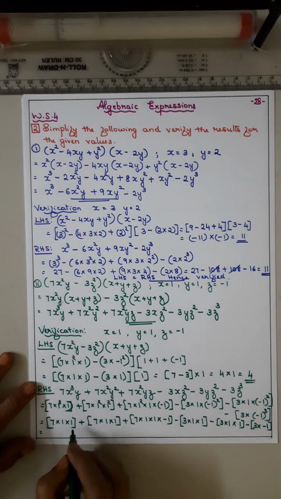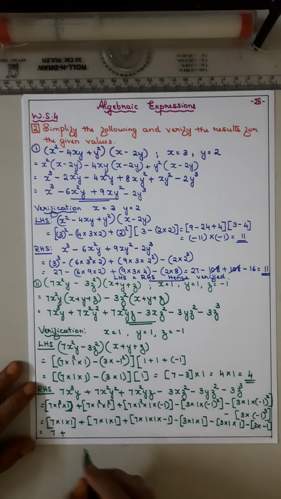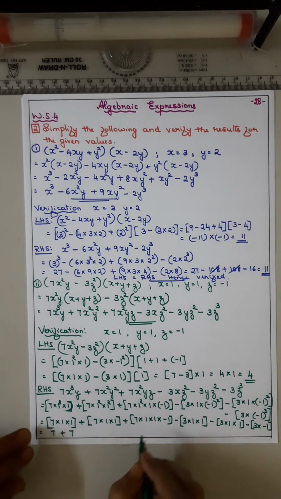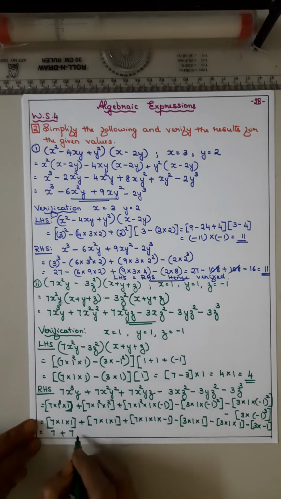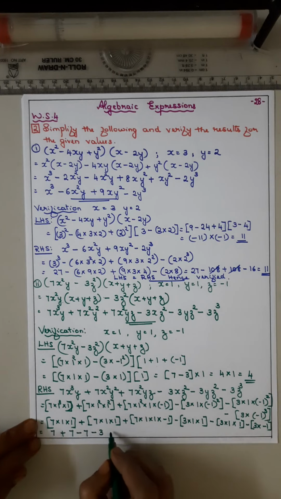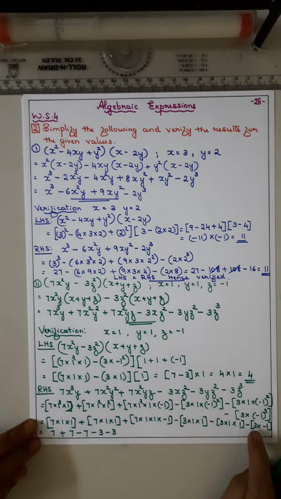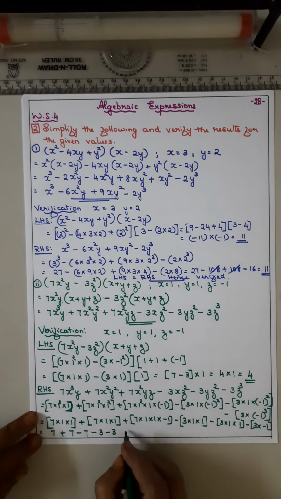Now it is 7 ones are 7 plus 7, 1 into 1, again 7. Now 7 and minus 1, so minus 7. Here it will be minus 3. Here again it is minus 3. Here minus minus becomes plus 3.